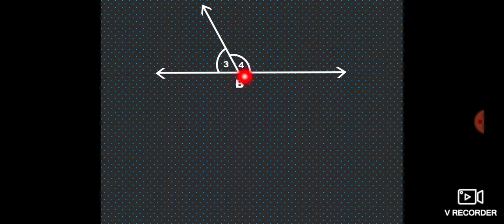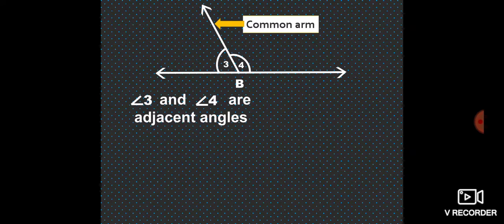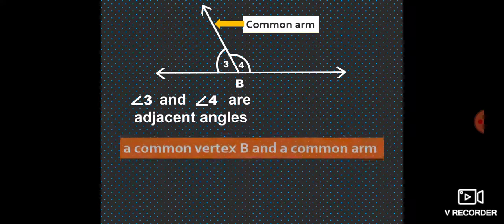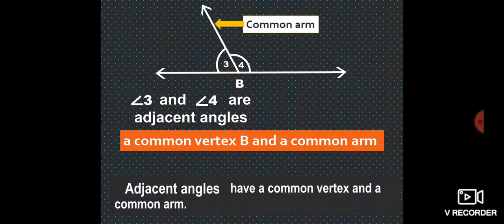So, these two angles have a common vertex and a common arm. Therefore, angle 3 and angle 4 are adjacent angles. A common vertex B and a common arm. Adjacent angles have a common vertex and a common arm. Such angles are called adjacent angles.